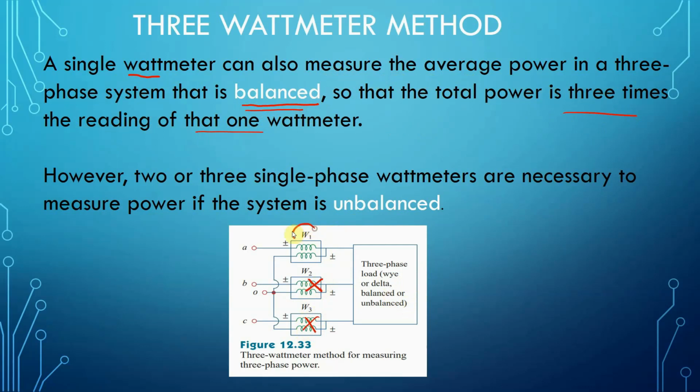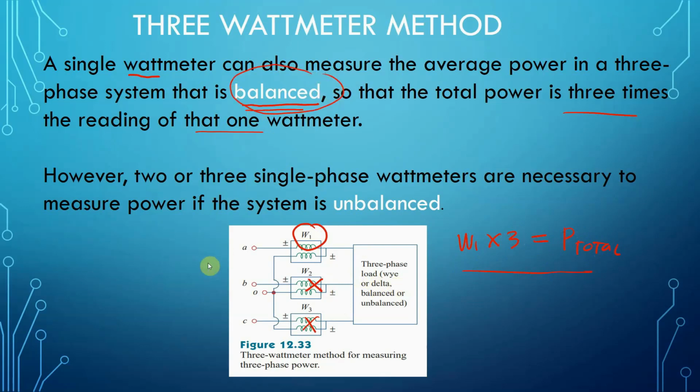We are just using the W1. Then the measurement on W1, we multiply it by 3, then this will be the P total, the total power of the three-phase load. For only a balanced load.